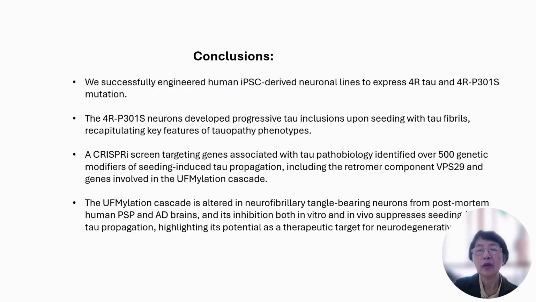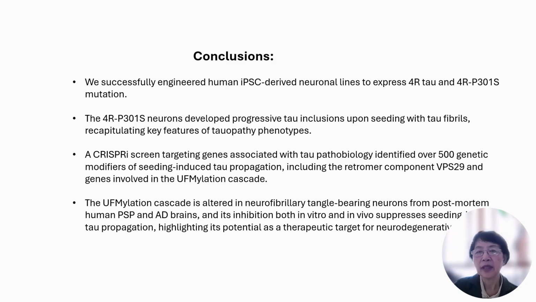In summary, we successfully engineered human iPSC-derived neuronal lines to express 4R and 4R-P301S tau. The 4R-P301S neurons develop progressive tau inclusions upon seeding with tau fibrils. A CRISPRi screen targeting genes associated with tau pathology identified over 500 genetic modifiers of seeding-induced tau propagation, including VPS29 and genes involved in the UFMylation cascade.